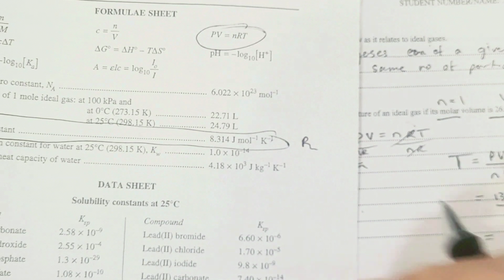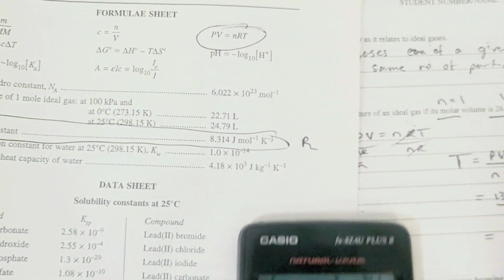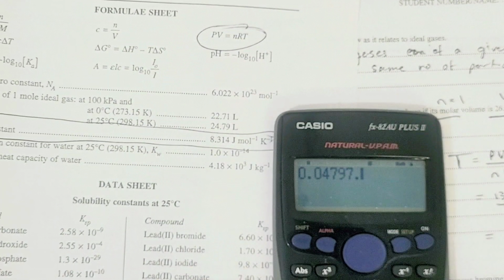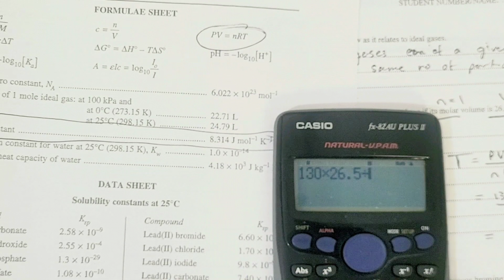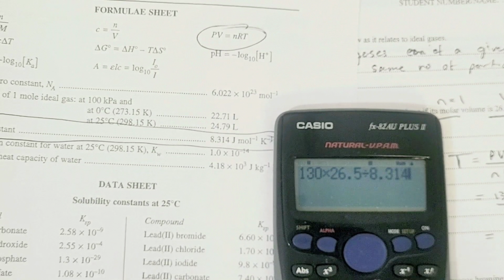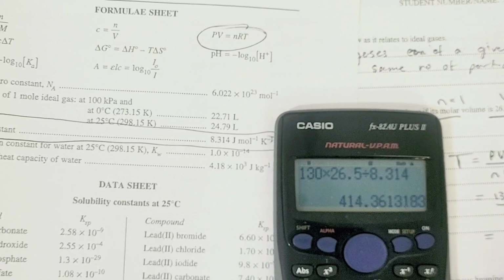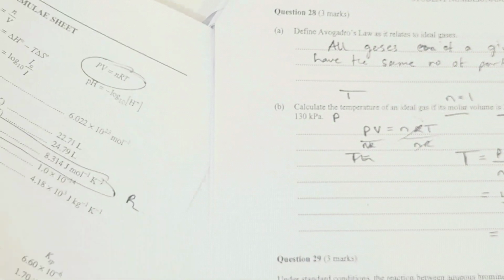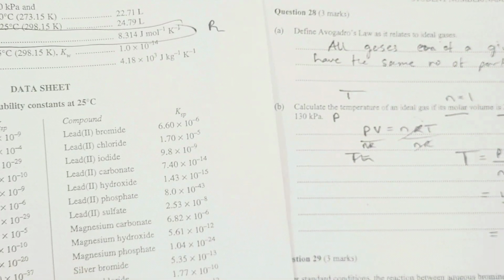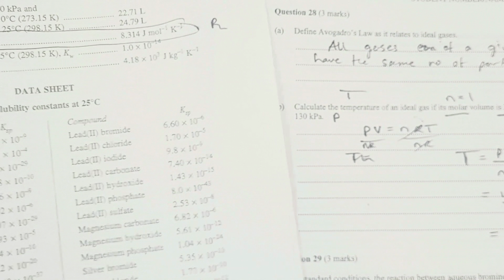This is going to be in Kelvin. 130 times 26.5 divided by 8.314 gives 414.36 Kelvin. And that's your answer. Minus 273, so it's 100 and something degrees.